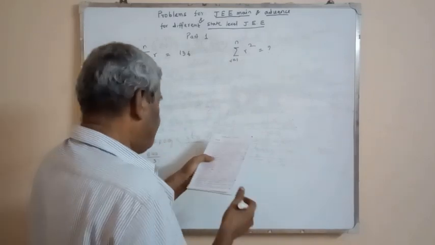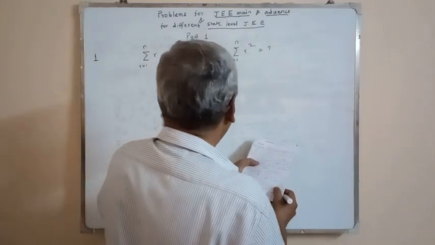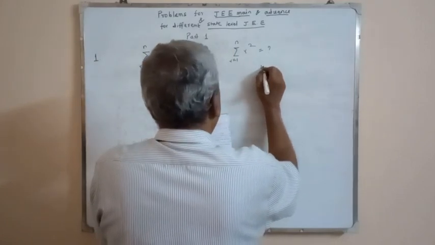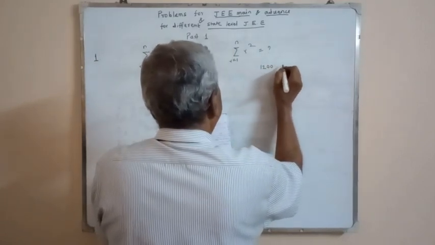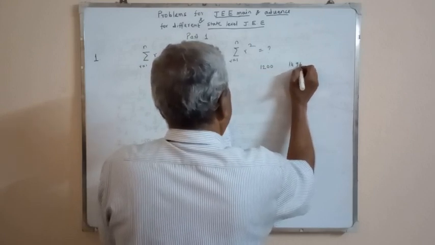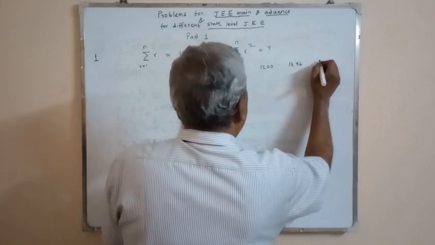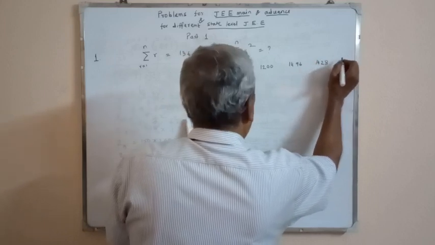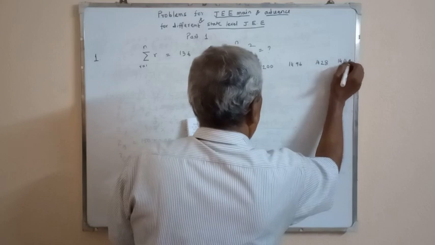Options are 1200, second option is 1496, third option is 1428, and fourth option is 1402.